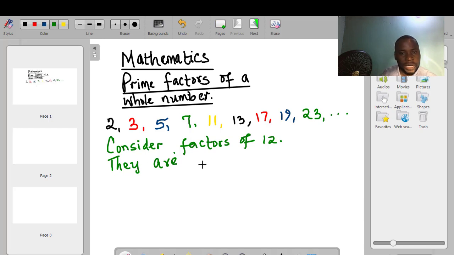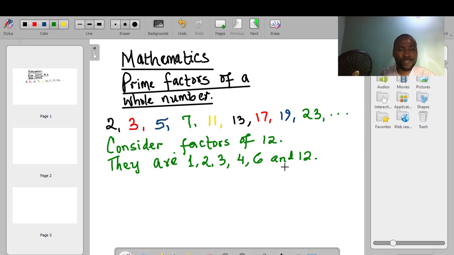So I'm just going straight to list the factors of 12. They are 1, 2, 3, 4, 6, and 12. If I asked you to give me the factors of 12, this is what you're going to give me.